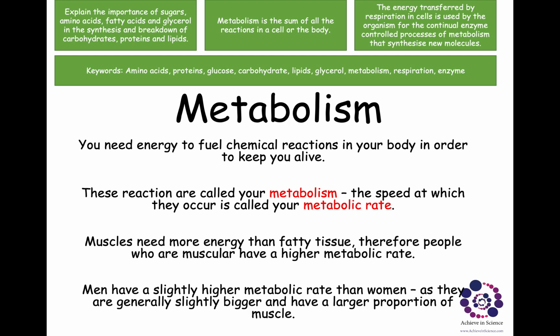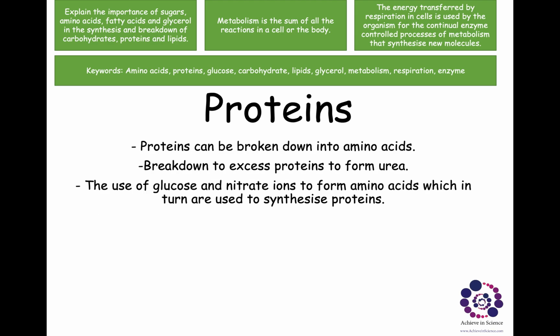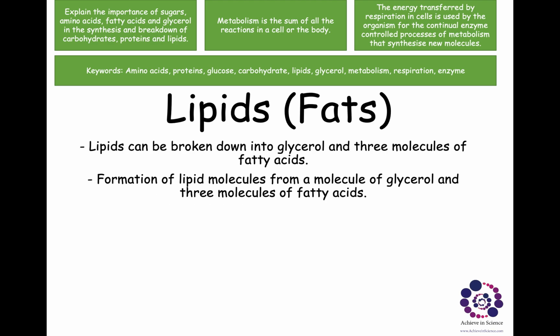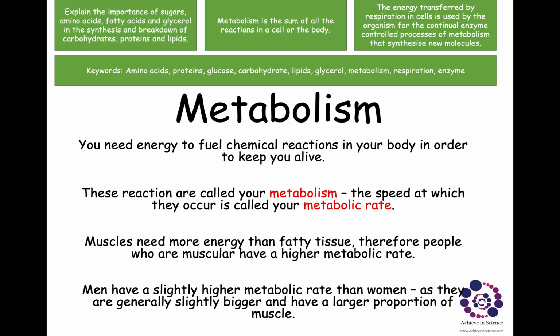Where does this energy come from? It comes from carbohydrates, proteins, and lipids. When these are broken down, they give you the energy to start these chemical reactions, or metabolism. The other thing we covered is that some people might have a slightly higher metabolic rate, for example during bodybuilding exercise, because they need more energy, and men have a slightly higher metabolic rate than women.